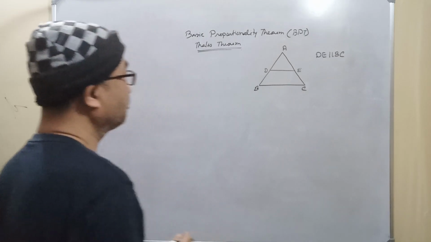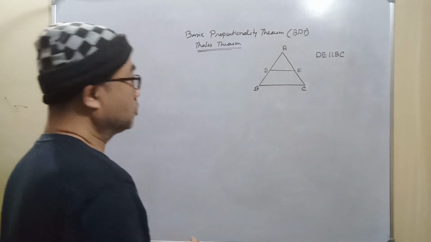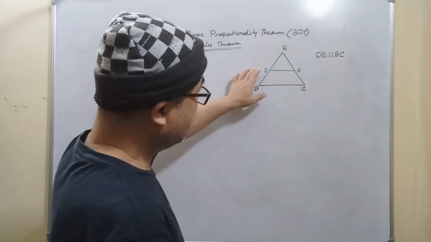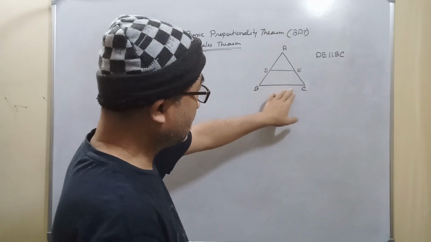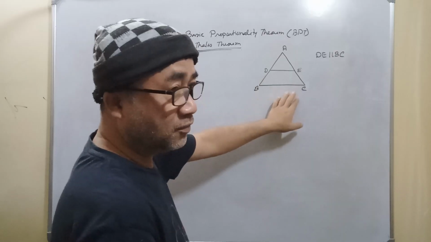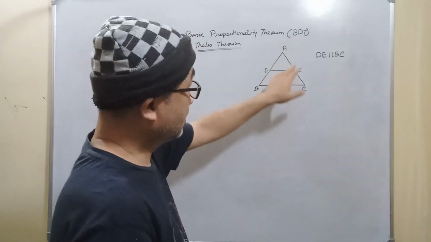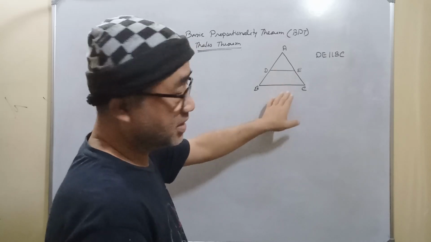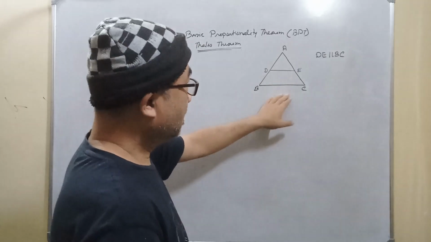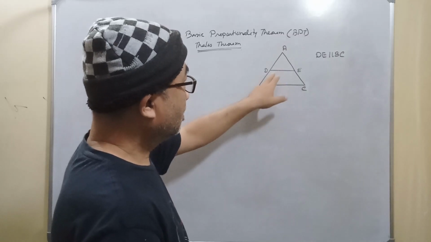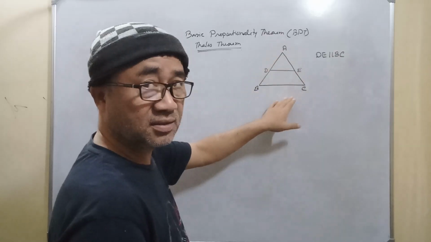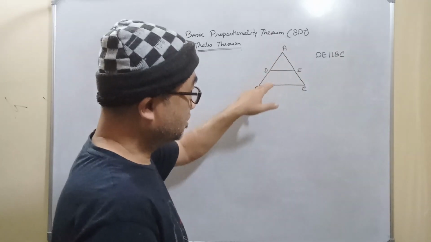So if DE is a line drawn parallel to one side of a triangle, BC of triangle ABC, DE is parallel to BC, then it divides the other two lines in the same ratio.